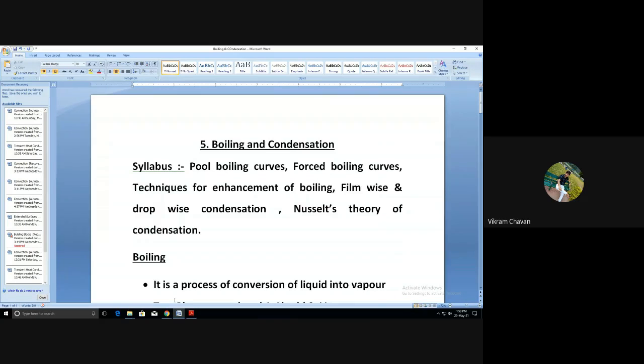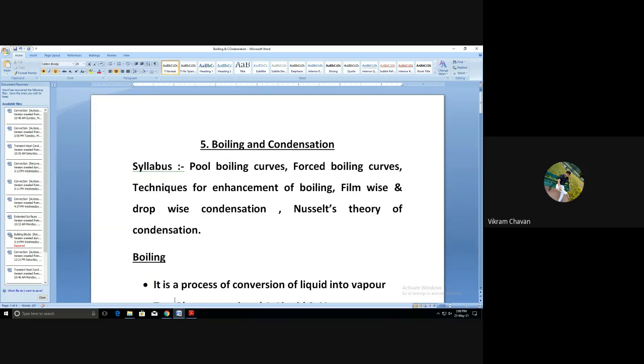Then what happens while boiling and while condensation? Consider water. We want to boil the water. So boiling of water will happen at 100 degrees Celsius.